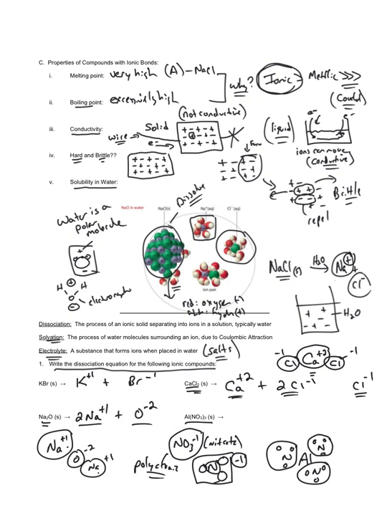So each nitrate is -1. Aluminum is a +3 ion. Therefore, you need 3 nitrate groups to surround the aluminum so that the sum of all of the ions adds to 0. So when this thing dissociates, we're going to get 1 aluminum ion and 3 nitrate ions.